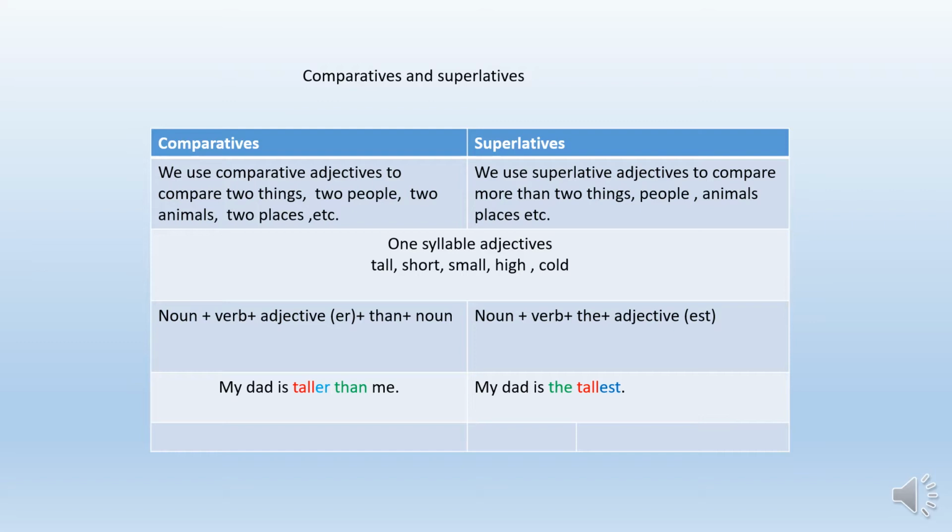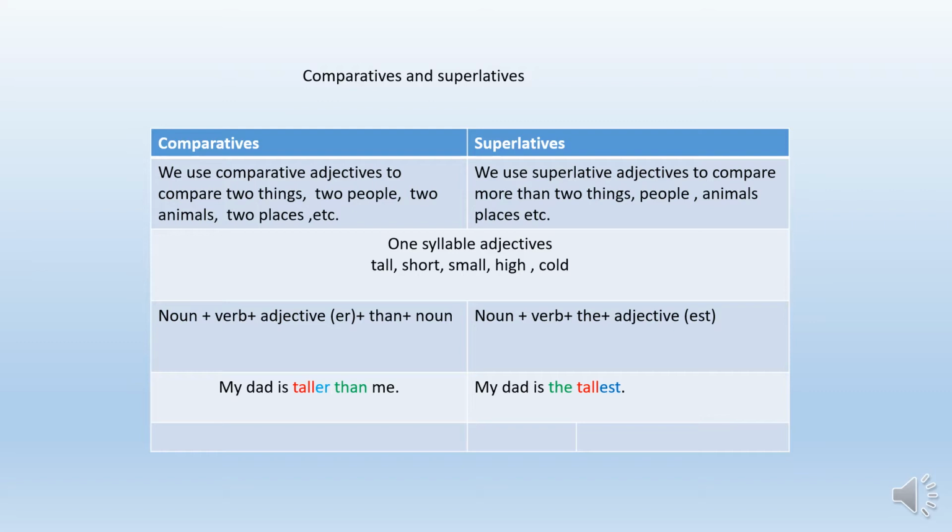We have different types of adjectives depending on the number of syllables. For example, the first group is the one-syllable adjectives like tall, short, small, high, and cold.